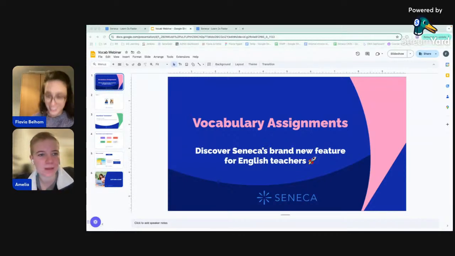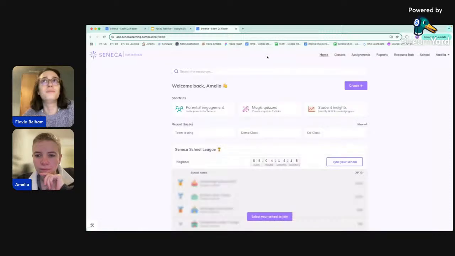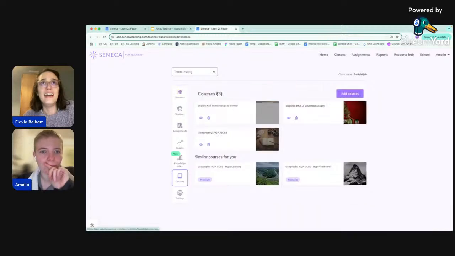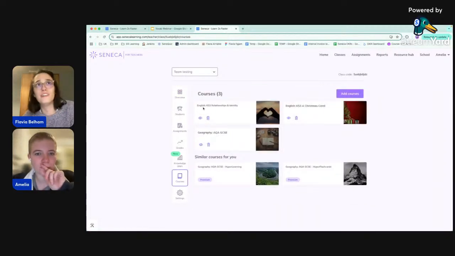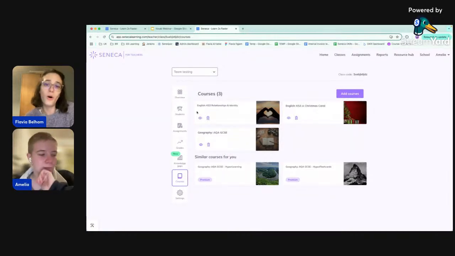Charlotte's asking, will I find those words under language? You'll find them anywhere. It's the same thing. Let me go back to my teacher platform. As long as you have a class that has some kind of English course linked to the class, you will see the vocabulary assignment. And you will see all the words that we have linked to that key stage.